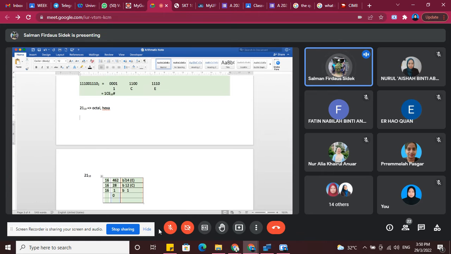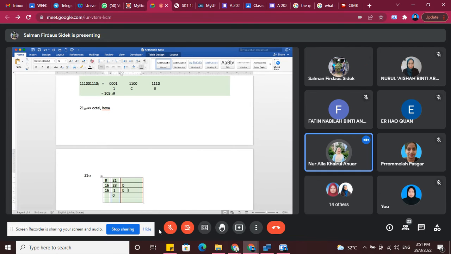Okay, 21 bahagi dengan 8 berapa? 21 bagi 8, 2 baki 5. Then 2 bagi 8, kosong baki 2.